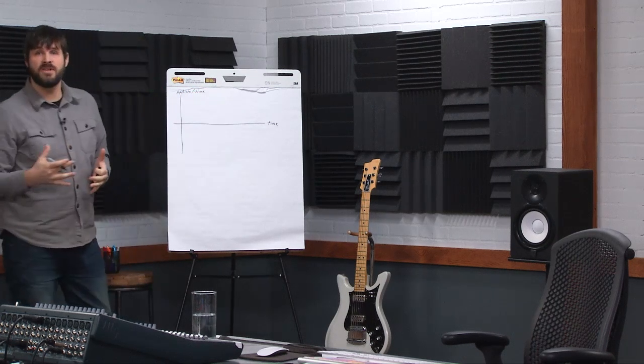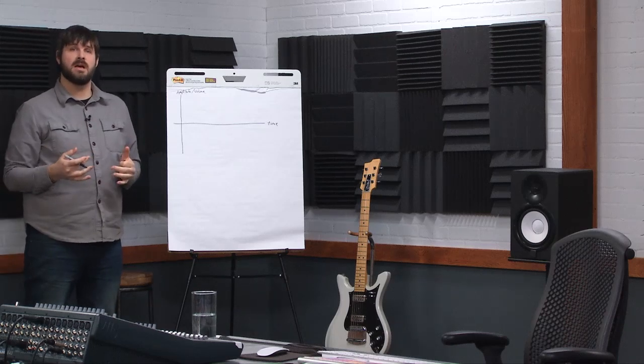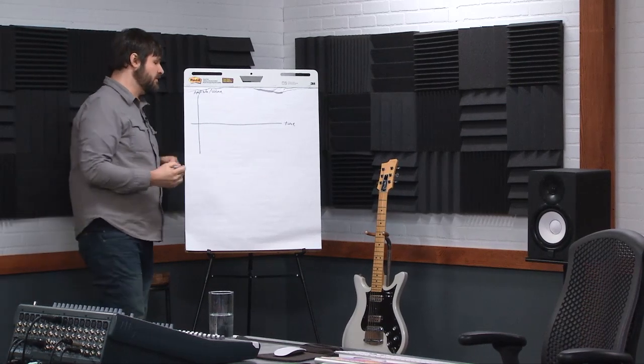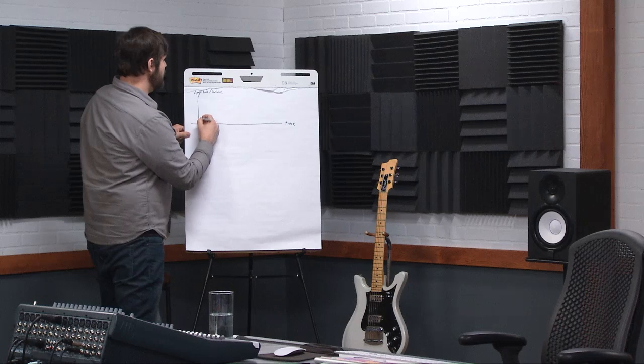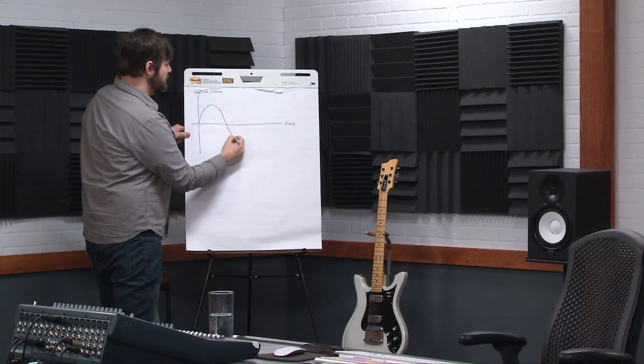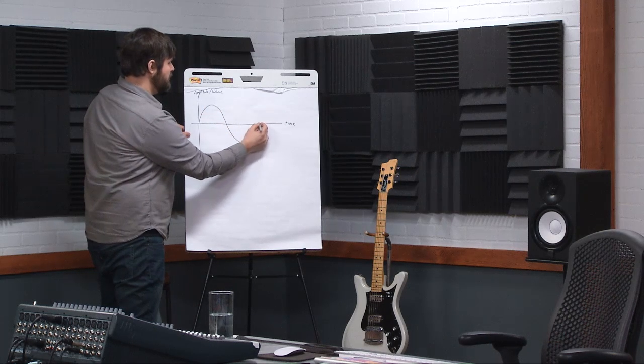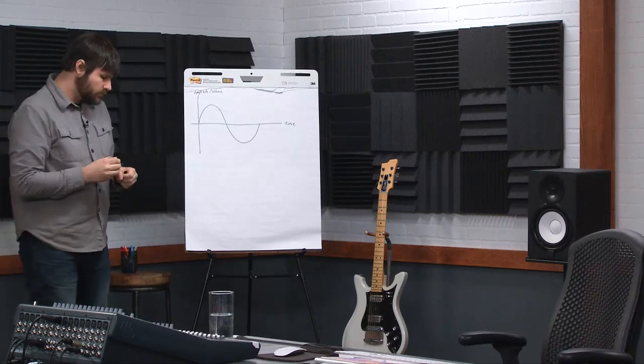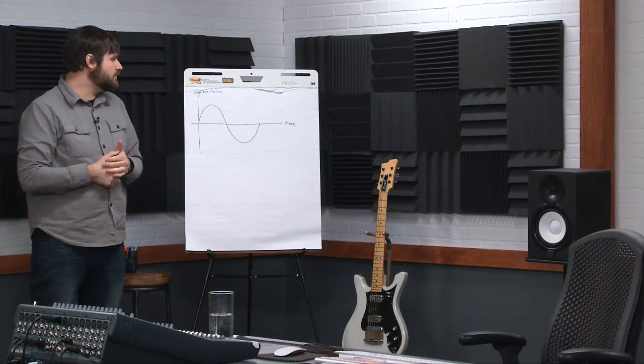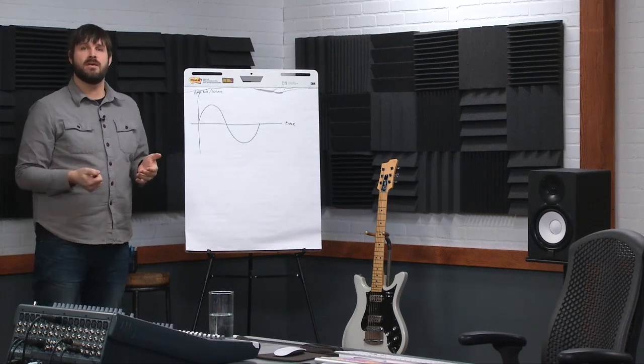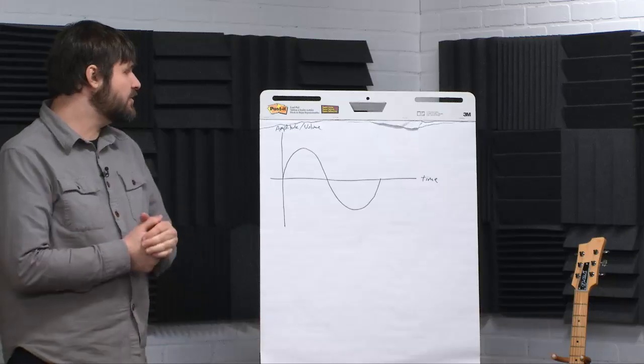The simplest sound wave that we can draw is a sine wave. One period of a sine wave looks something like this. A neutral sine wave would be a 1 kilohertz sine wave, which means 1,000 cycles per second, so you get 1,000 of these per second.